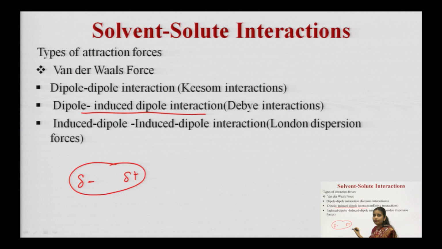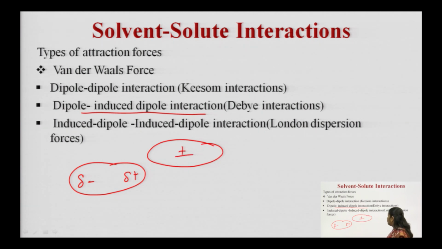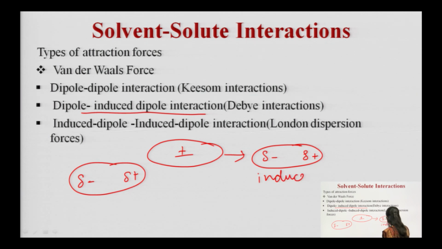This permanent dipole has the ability to induce a dipole in nonpolar molecules. As it induces a dipole in the nonpolar molecule, it converts this nonpolar molecule into a dipolar molecule, and this is known as an induced dipole.